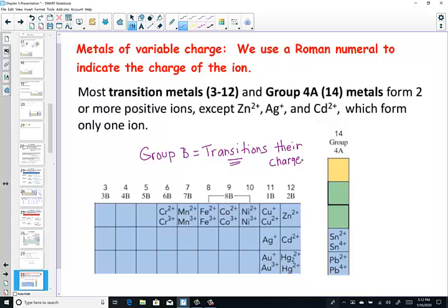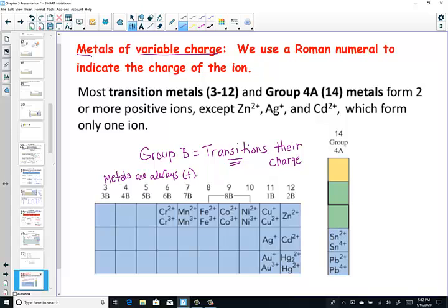They have a variable charge. In other words, the positive charge on metals, and remember the transitions, shorties in the middle, these are still metals, and metals are always positive. So even though they're in the short columns in the middle, we can still see they'll always be positive, but we don't know, based on where they live, what positive charge they have. It really depends on what they're bonding to.